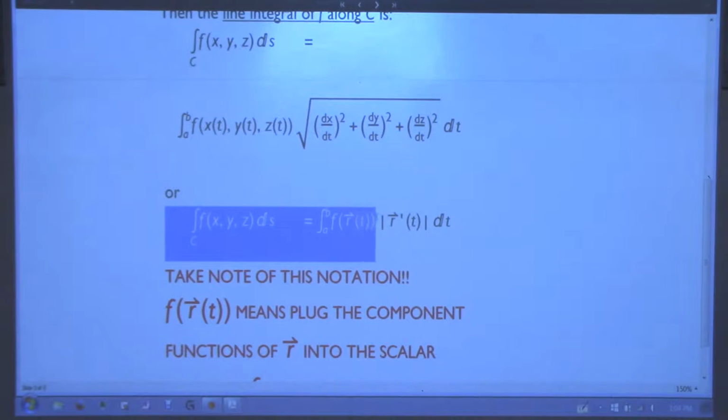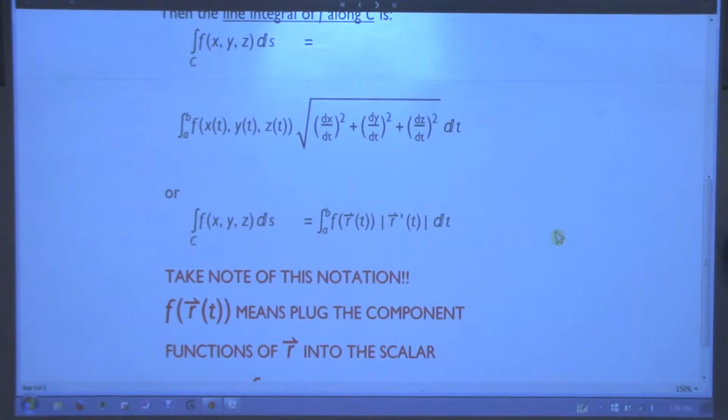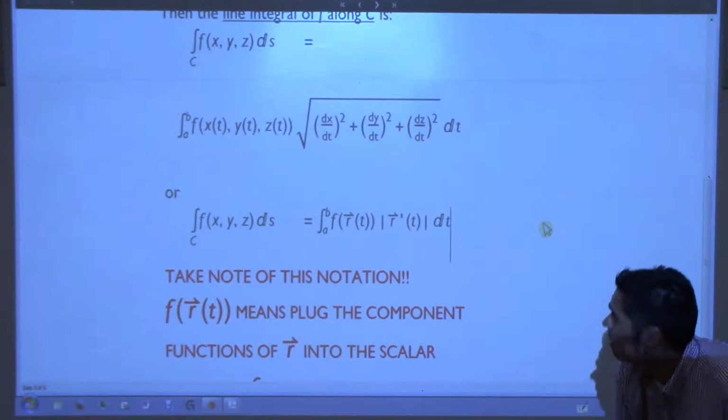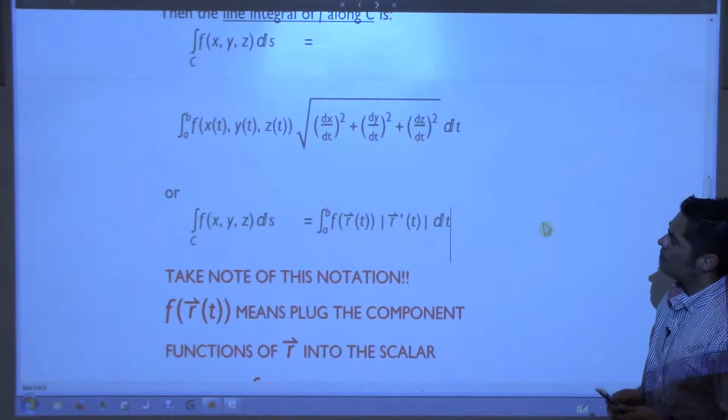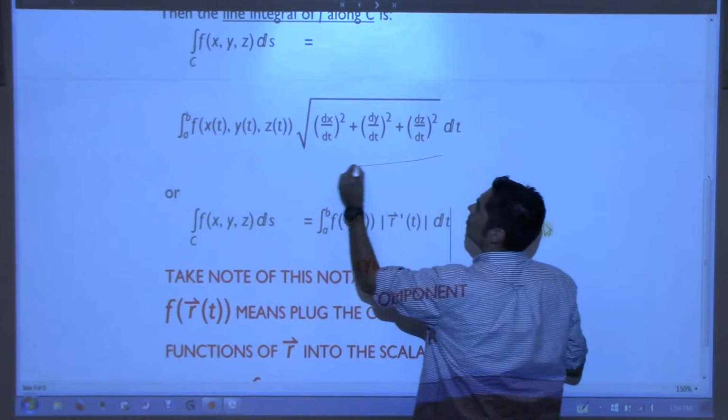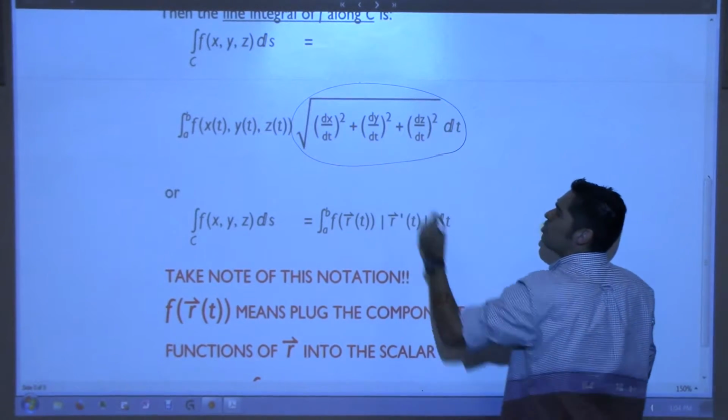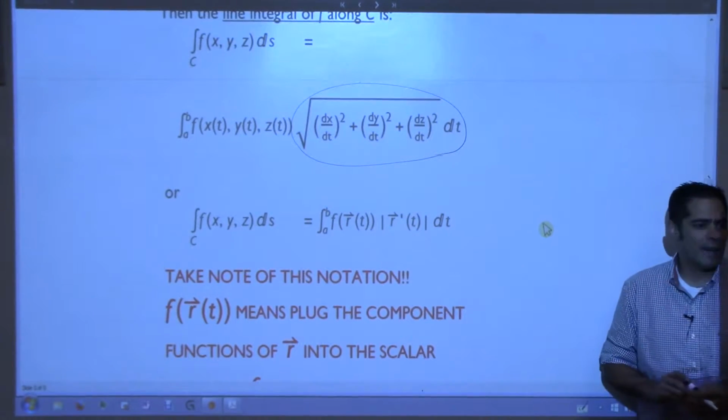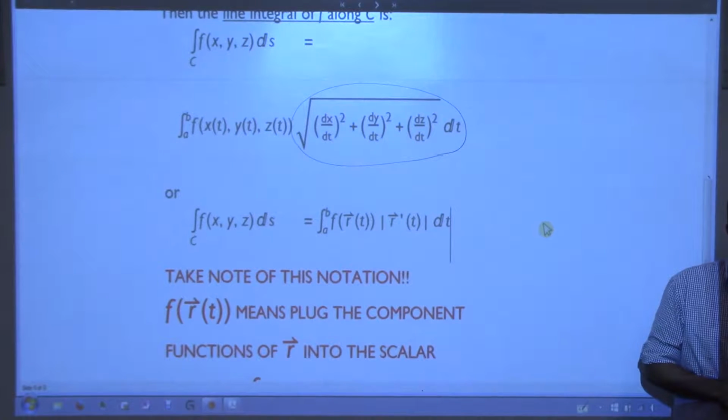Now this right here is where the notation really changes. So what I want you to notice is that this right here, by its very definition, is the magnitude of the derivative of the vector function, r.